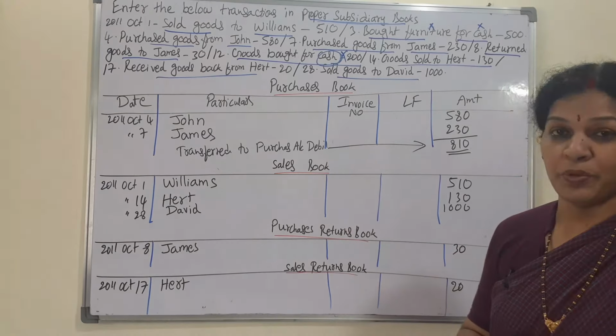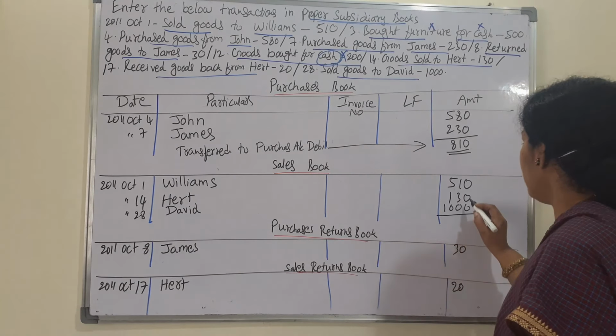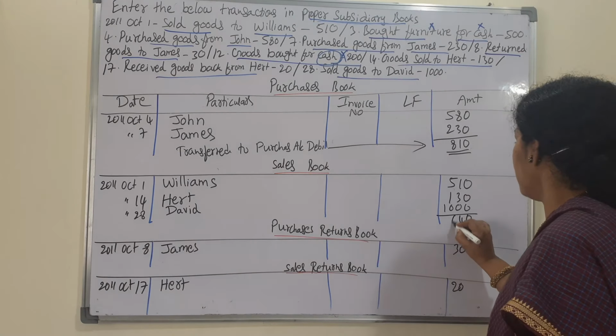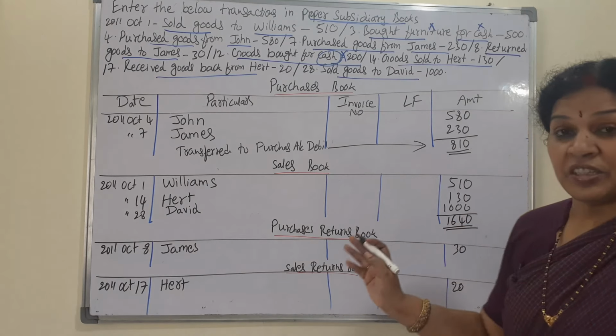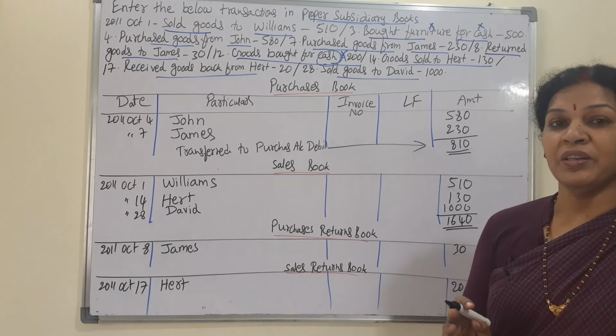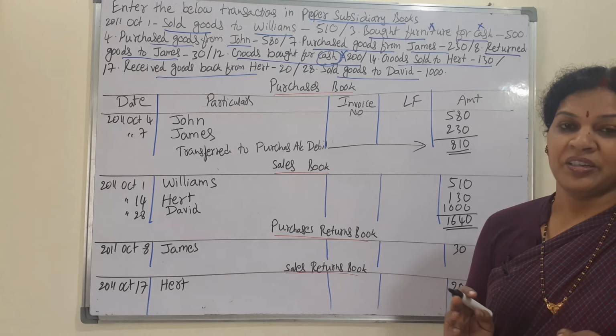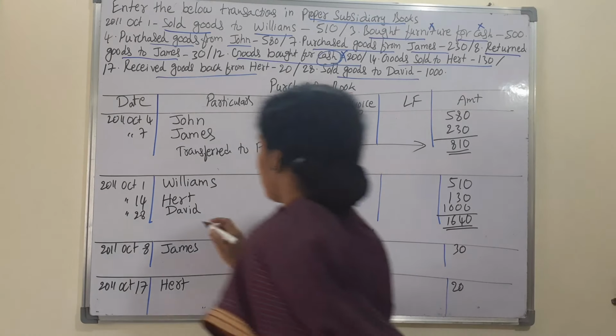In the same way sales book also will total up. This is 1640. 1640 will be transferring to the sales account. Transferred to sales account, credit.